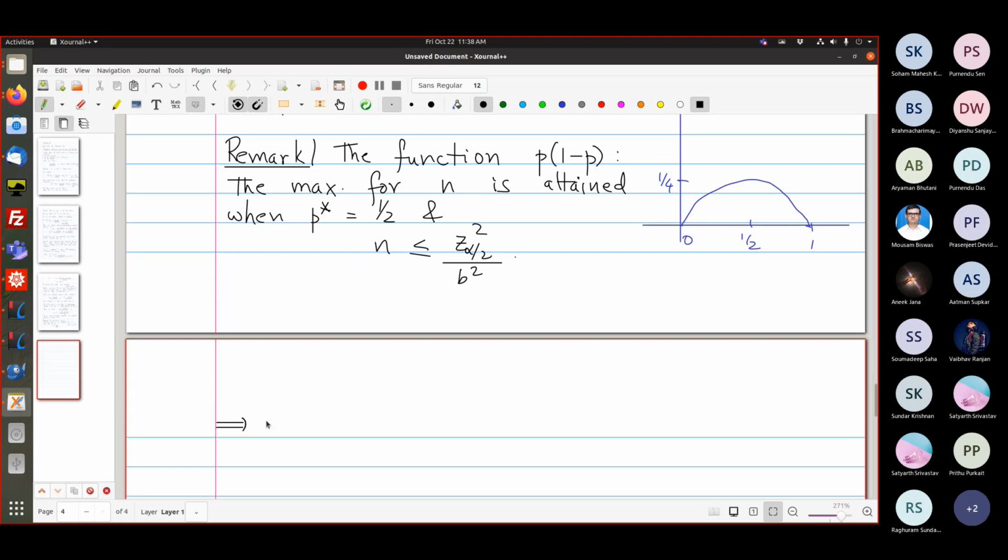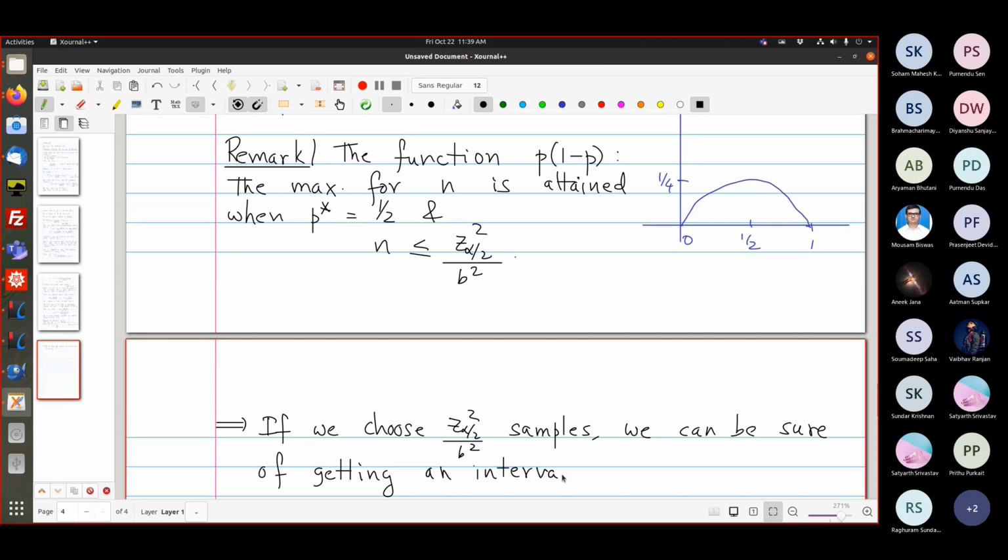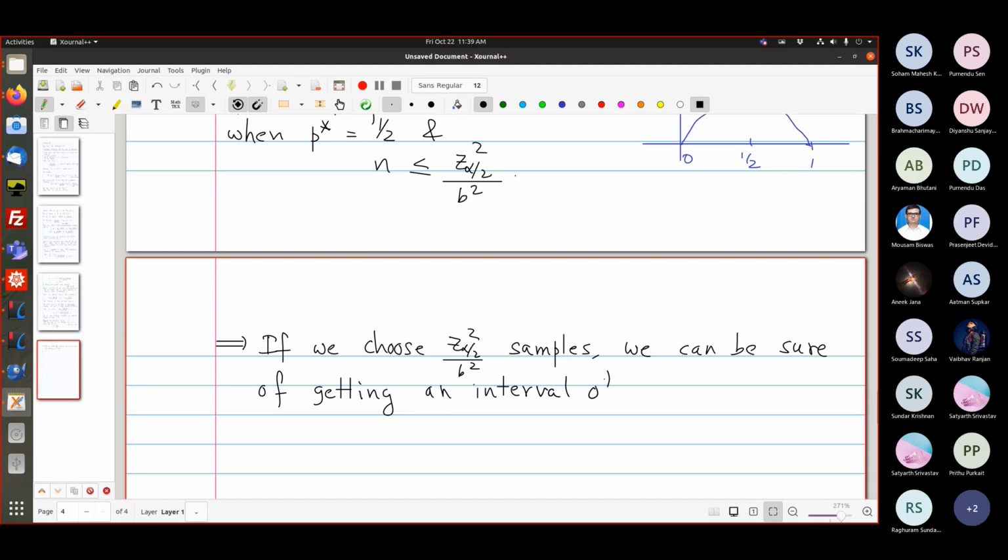So if we choose z alpha by 2 whole squared by b squared samples, we can be sure, reasonably sure, because of all the approximations we made, of getting an interval of length at most b. Okay, that's the point.